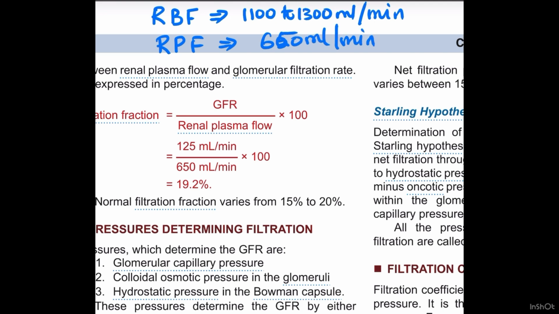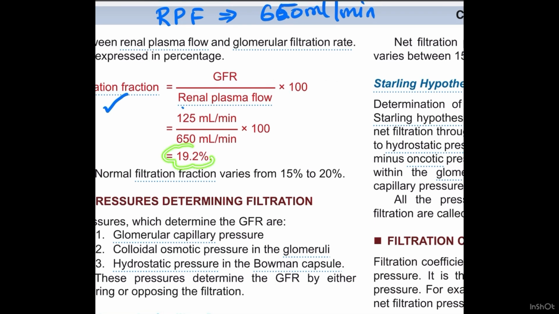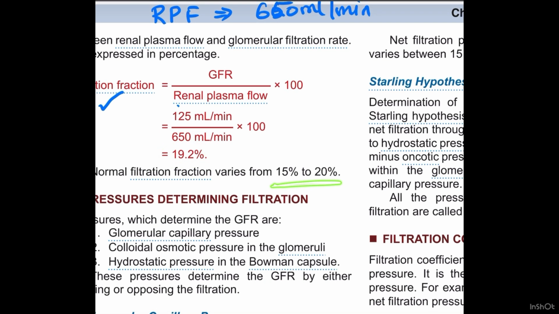Now we see that filtration fraction is equal to GFR over renal plasma flow. GFR is 125 ml per minute, and the renal plasma flow is 650 ml per minute, multiplied by 100, so you get 19.2, approximately 20%.